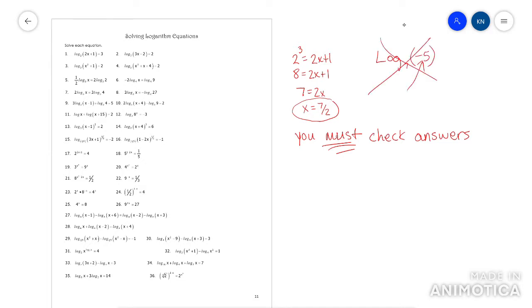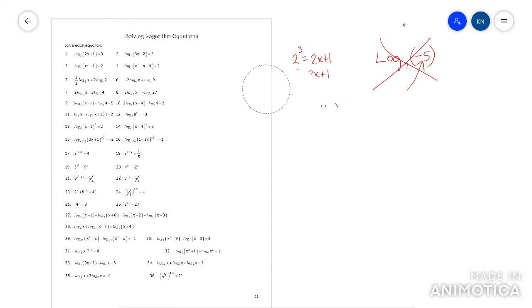You can't do logs of negatives. This is what you're checking for. So real quick, if you just imagine in your head, if you plug a 7/2 in there, it's not going to be a negative number. So this answer is good to go. That's all I'm referring to when I say you must check answers. You need to check every single one of these answers though for a negative.